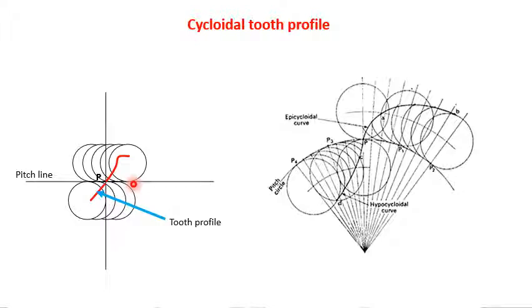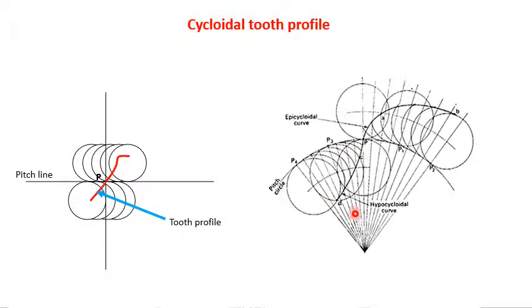The curve generated by a point on circle 1 on the pitch line is the profile of the face of the cycloidal tooth, and the curve generated below the pitch line by a point on the rolling circle 2 is the flank of the tooth profile. So below this pitch line represents the flank.